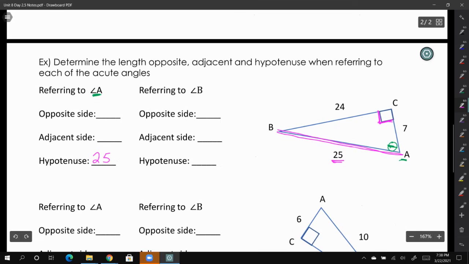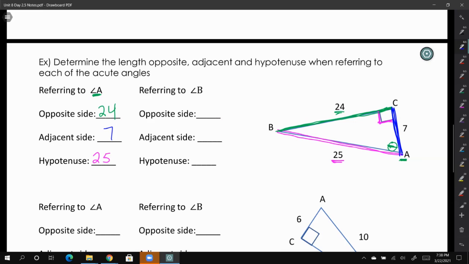Now we have actual values. The hypotenuse is 25 units long. Now the opposite side, so what side doesn't touch angle A? That's this side right here. That does not touch angle A. That's 24 units long. And then your adjacent side is right here because it touches angle A and the right angle, and that's 7.